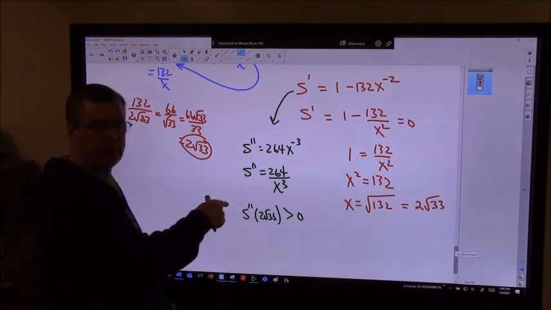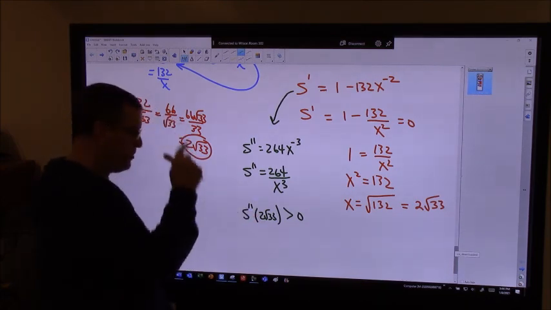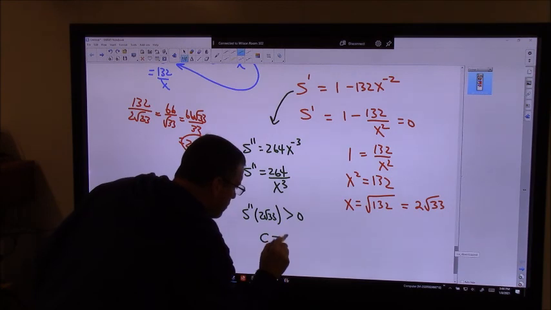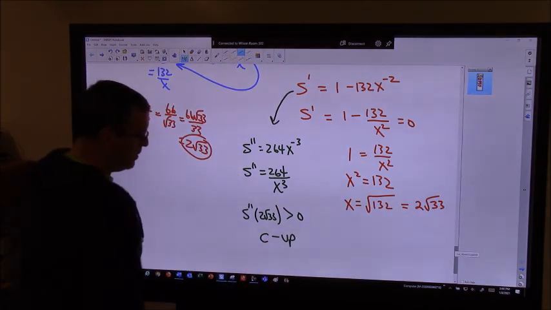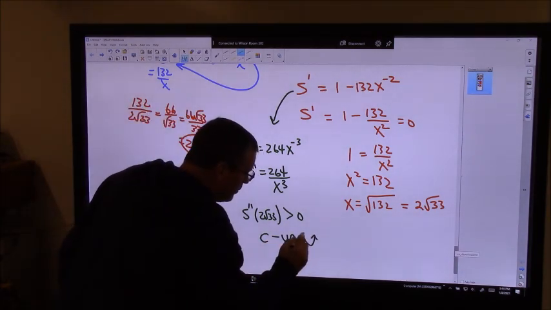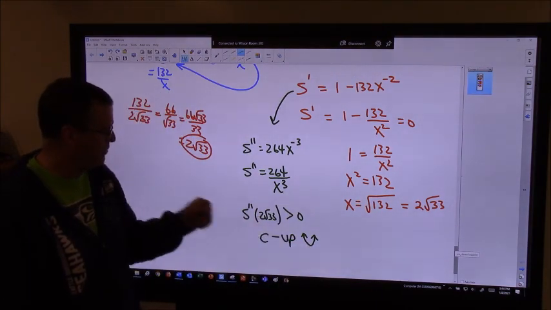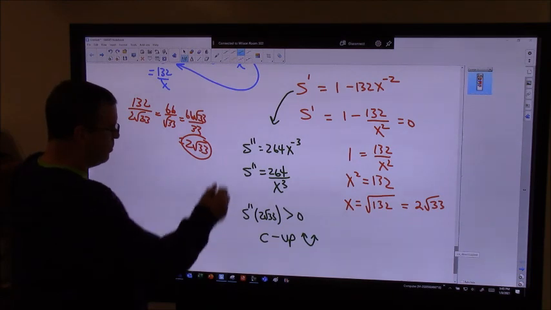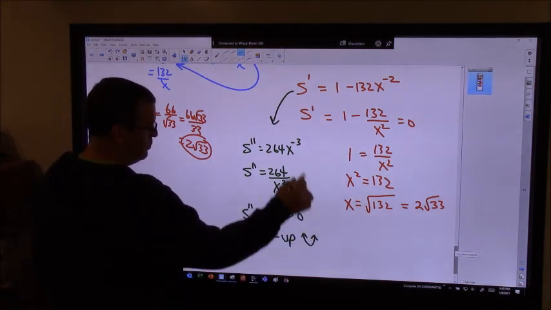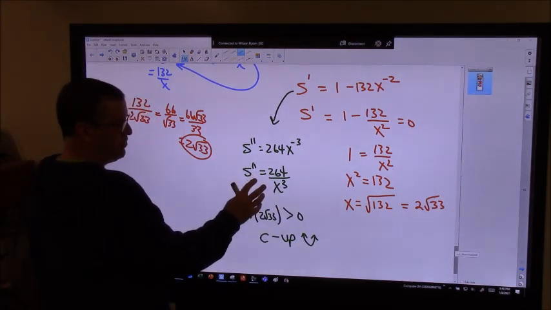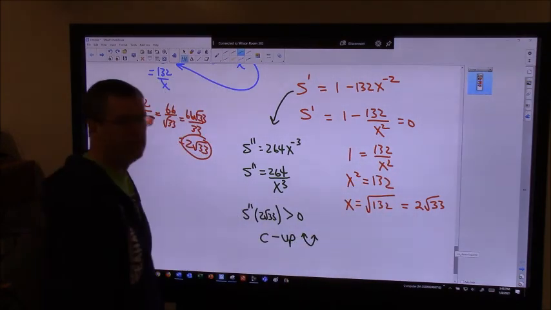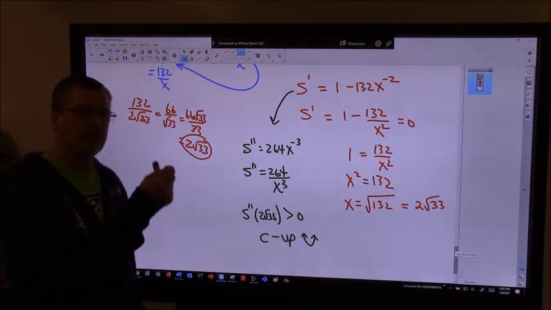I plug into my second derivative, I get a positive answer, I'm concave up. And if I'm concave up, that must mean there's a relative minimum at that point. So all this right here is just a real quick justification that that's the answer that I want. It's a minimum, not a maximum.